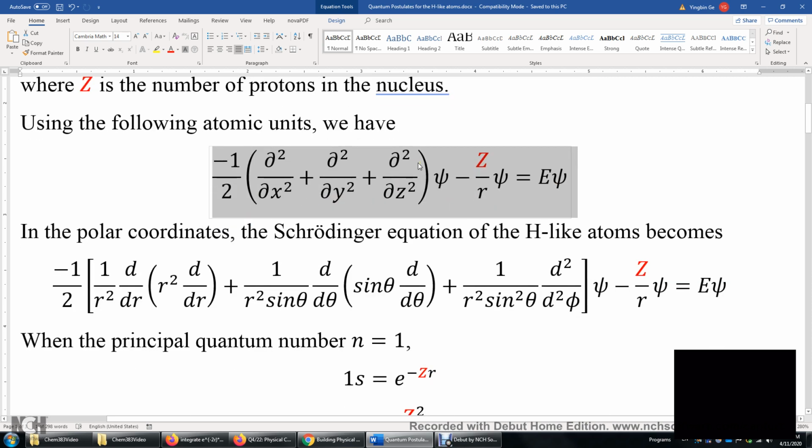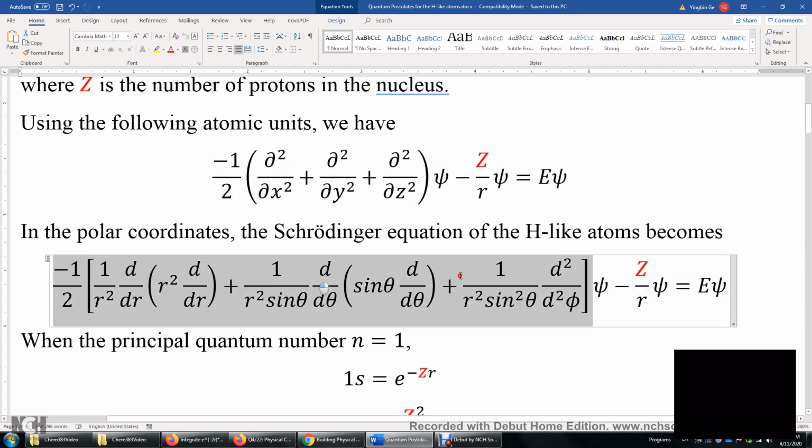We cannot solve this equation directly because r is the square root of x squared plus y squared plus z squared. We cannot separate x from z or y. Therefore, we convert this into r, theta, phi polar coordinates right here. This equation looks much more complicated, but it's solvable.